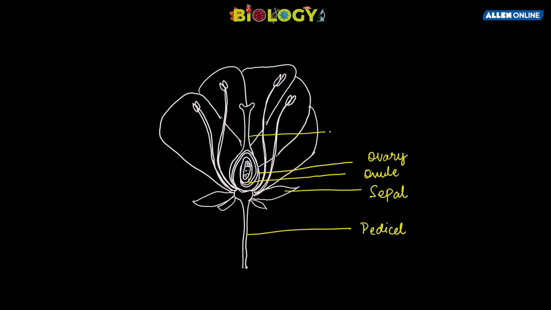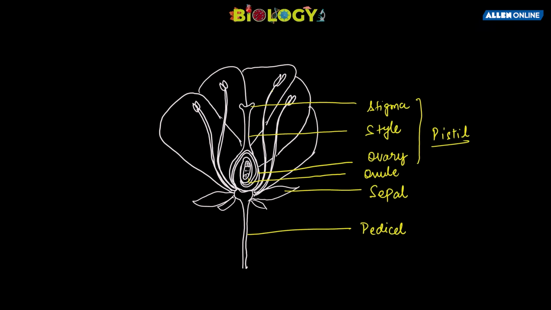Then the stalk of the pistil, that is the style, and the upper part, the stigma. Together we will label it as pistil. So pistil has three parts: the ovary, the style, and the stigma.